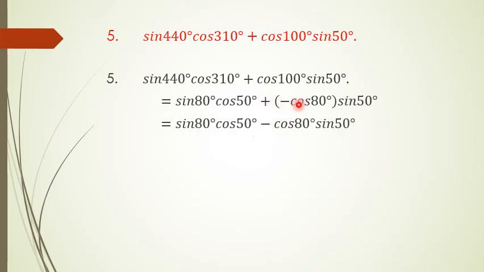Then here a positive and a negative will make a negative. And let's now check the order. Sine, cos, cos, sine, which is the correct order for the compound angle formula for sine. So that reduces to sine 80 degrees minus 50 degrees, which gives us sine 30 degrees. And the value is half.